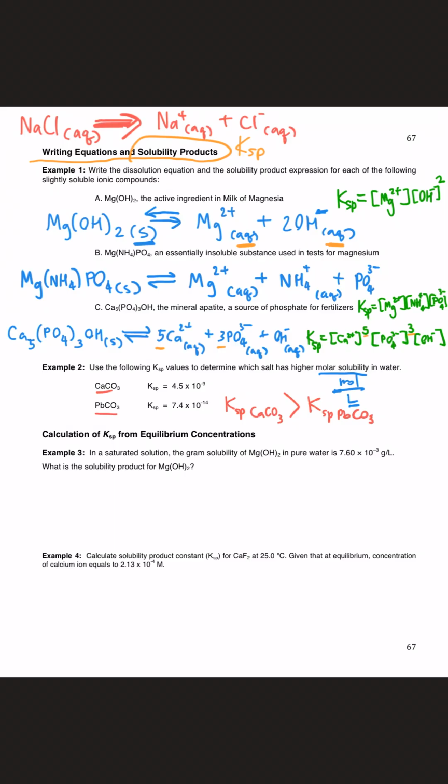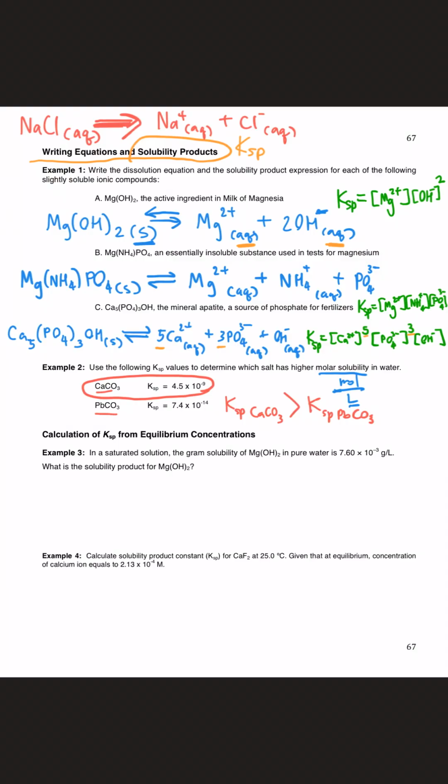The higher the Ksp value, the more the ionic compound is able to dissolve in the solution. So in this case, the answer is calcium carbonate, which has higher molar solubility, or is able to dissolve better in water than lead carbonate.